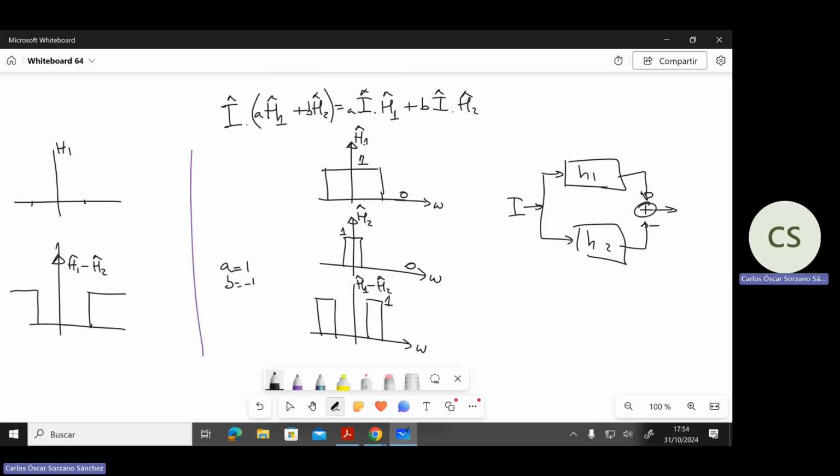So what is H2, and what is a suitable H1? So this can be H2.